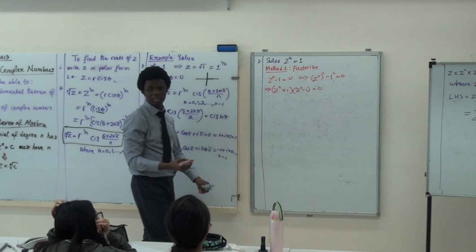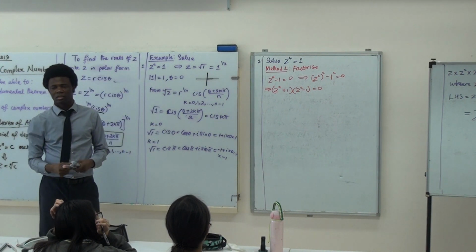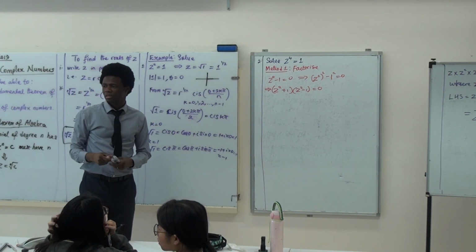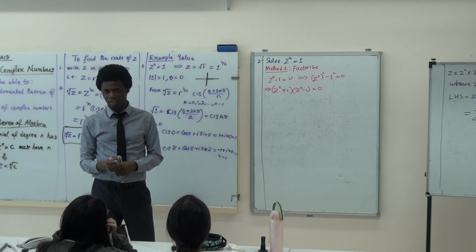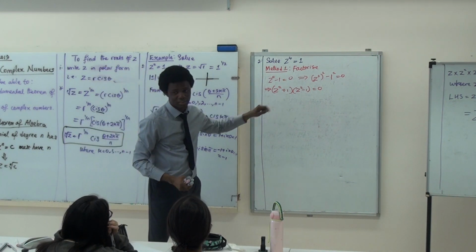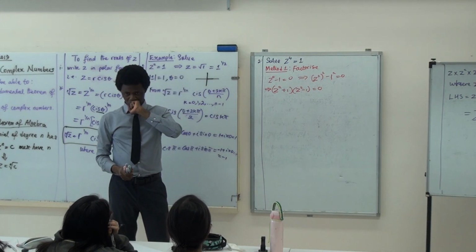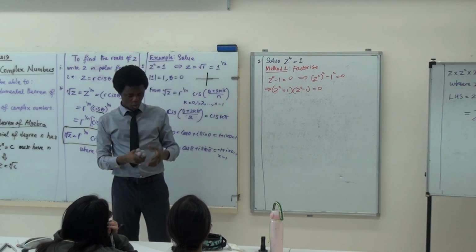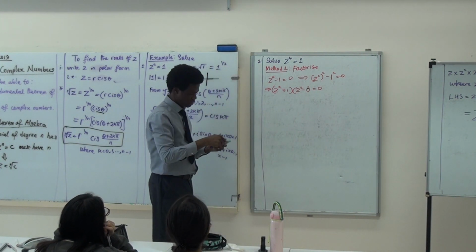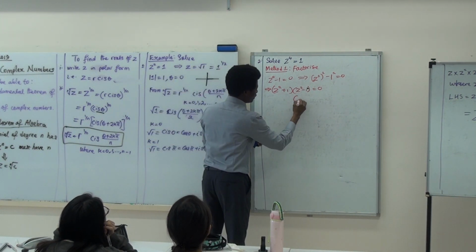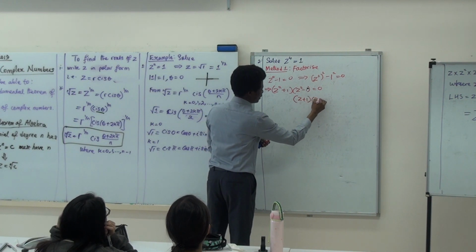Can this still be factorized? Yes? Come on, say it. You think no? Does anybody think this can be factorized? Of course, this is going to be another difference of squares, and this will end up giving z plus 1, z minus 1.